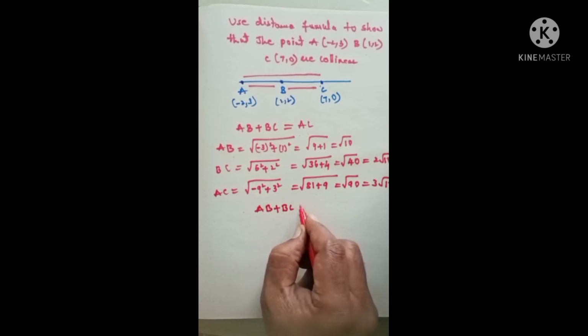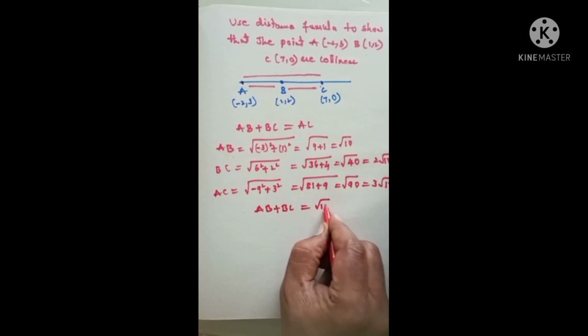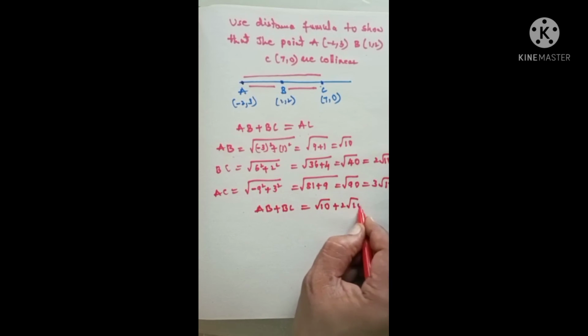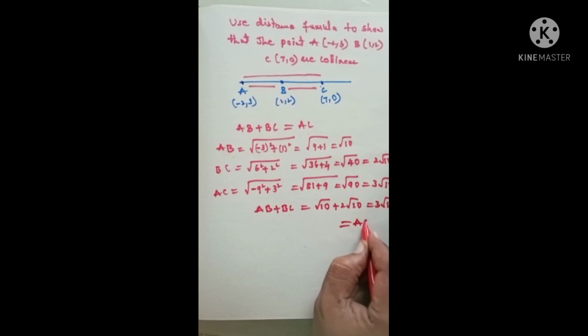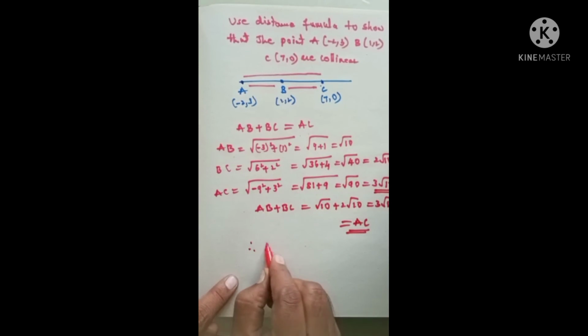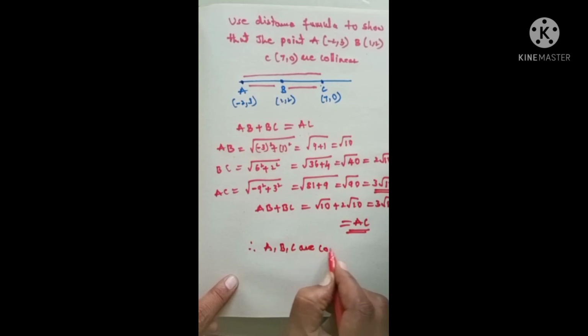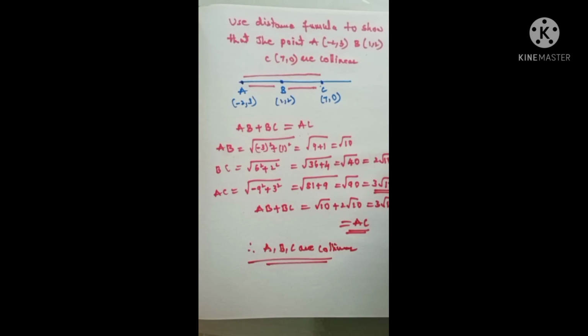AB plus BC is equal to root 10 plus 2 root 10, that is equal to 3 root 10. So this 3 root 10 is equal to AC, because AC is equal to 3 root 10. Therefore we can write A, B, C are collinear. Means they are on the same line.